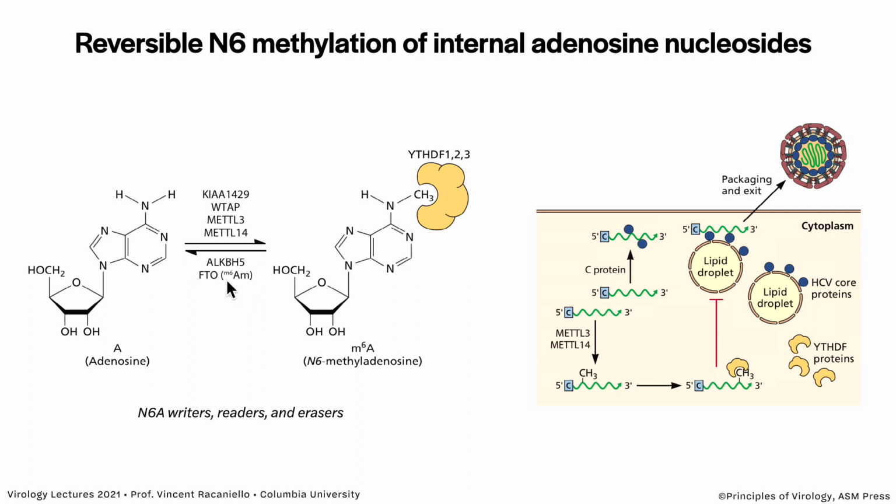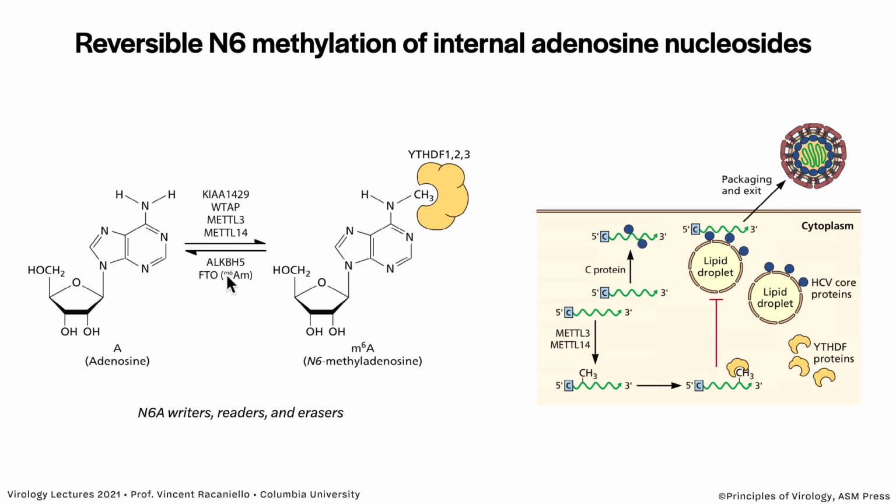And then there are enzymes that take it off. So I love the names. These are called writers, methyl writers. Then we have a separate set of proteins that are readers. They can read whether there's a methyl or not on the RNA. And then we have erasers. These are the erasers that take the methyl off.